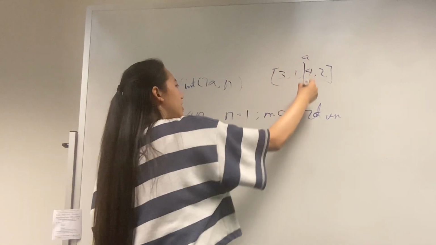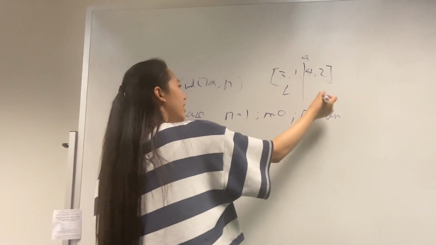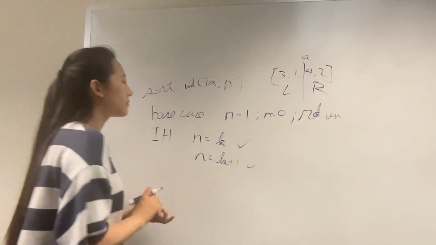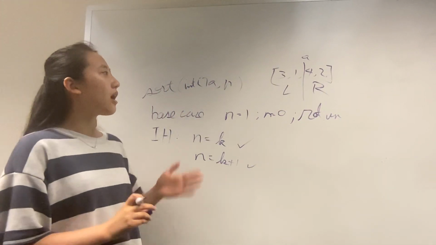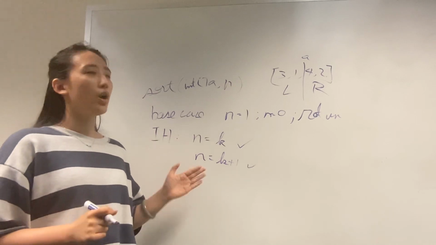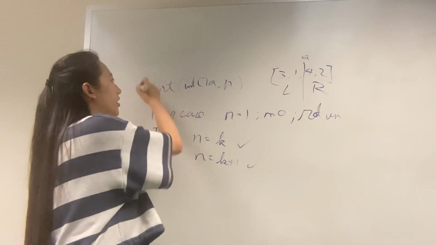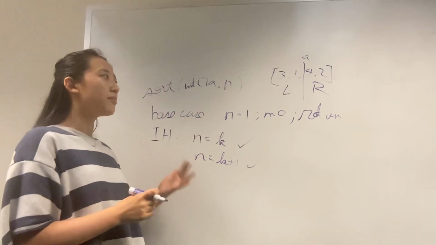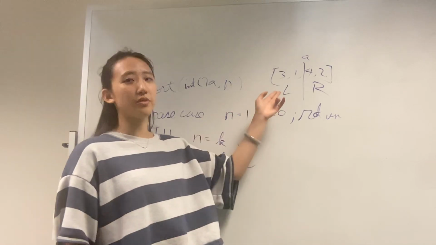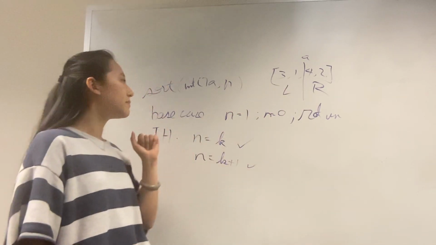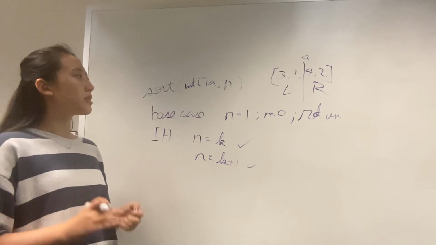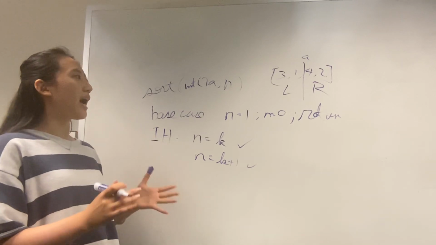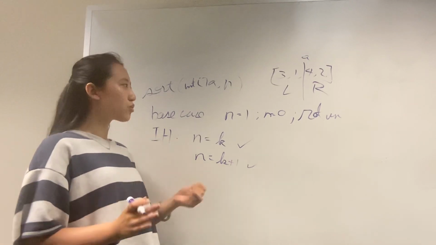So let's split this one in half into a left array and a right array. And our inductive hypothesis would be, we assume that our sorting algorithm magically works on the left array and the right array. And by doing so, we will see that the entire array after the merge would work as sorted.